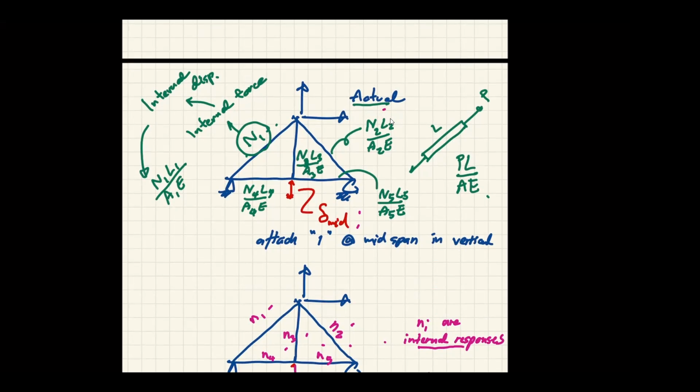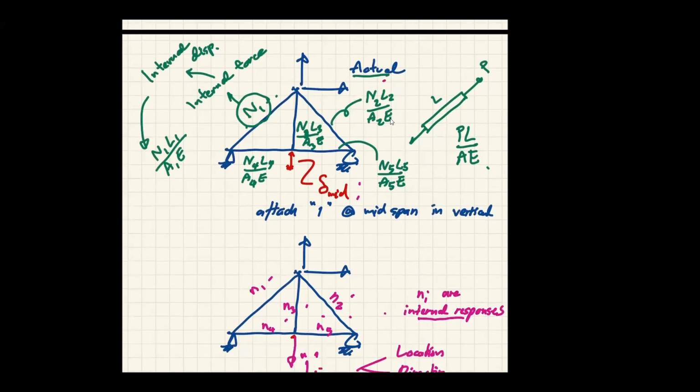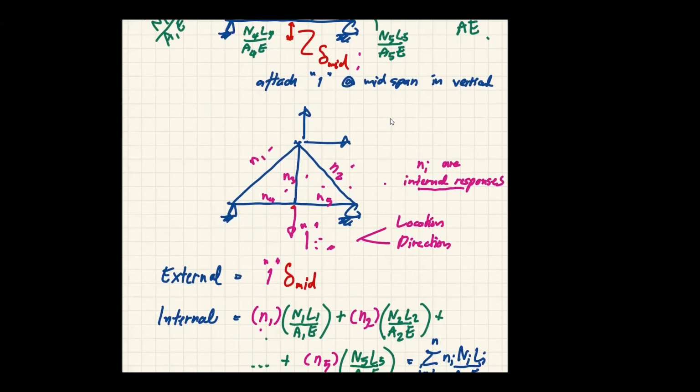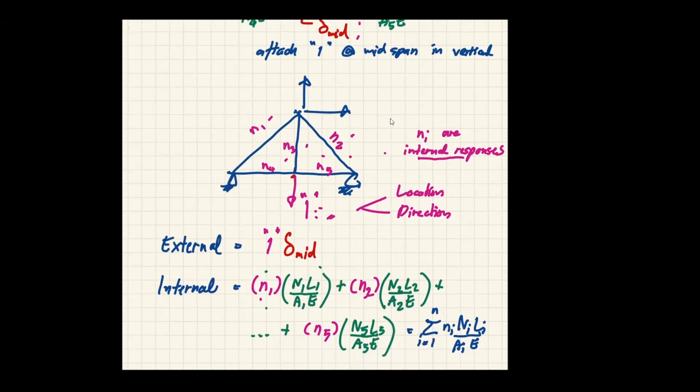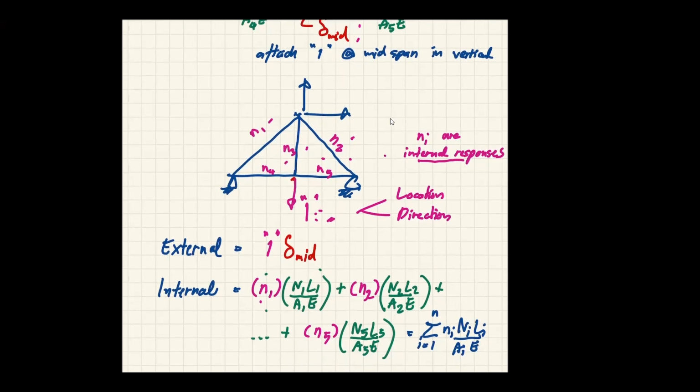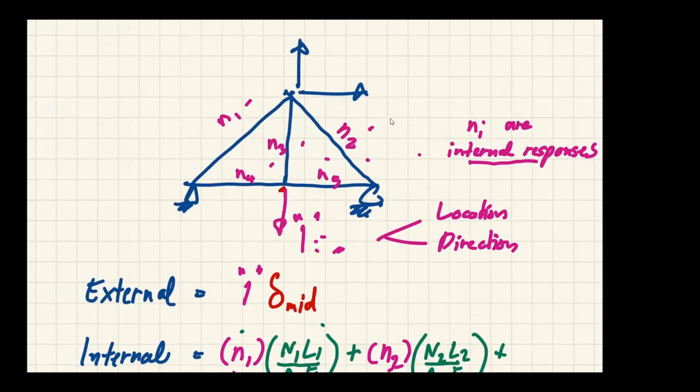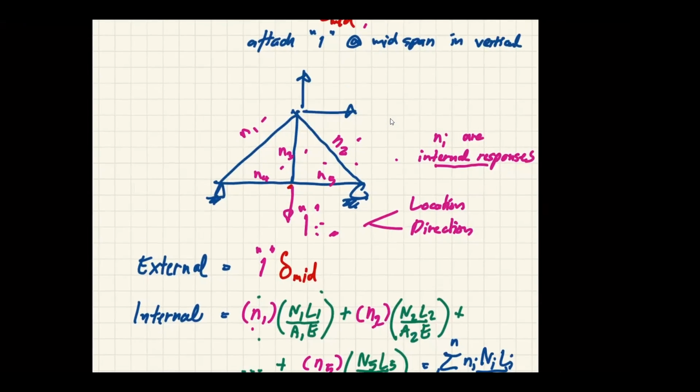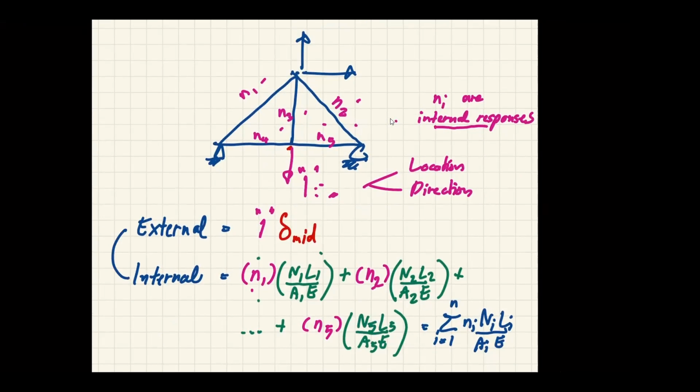You know the internal work done by each member in this form, right? Internal virtual response multiplied by internal actual deformation of the corresponding member. You sum them up because it's a work, so you need to have the work of the entire system. Once you've done this, you just use the concept that the external work is equal to the internal work. So this one is equal to that. There you have it, the deflection.